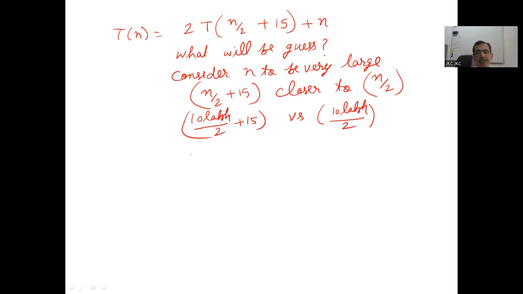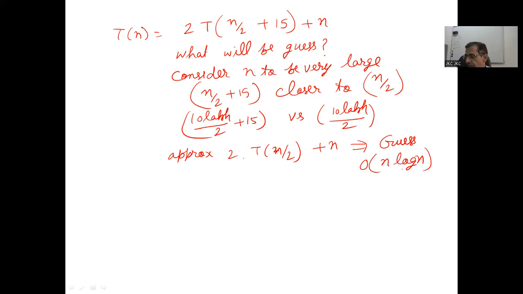So approximately it is nothing but 2T(n/2). And if it is 2T(n/2), then plus n, I can easily now guess it as n log n, order of n log n.